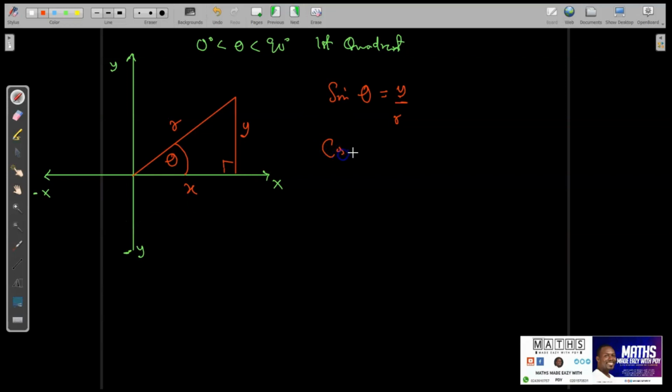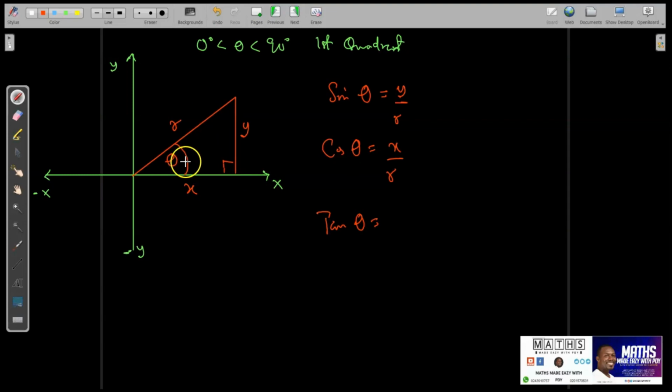Again, cos of theta, based on what we have here. Cos is adjacent side. What's the adjacent value there? From the diagram, x over the hypotenuse, r. So it's a positive number over another positive number. Therefore, cos of theta is a positive number in the first quadrant. Then finally tan of theta in the first quadrant.